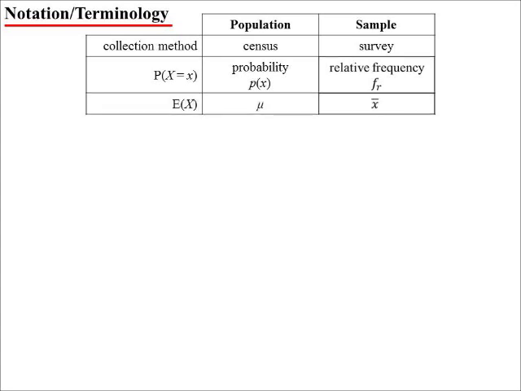For expected value, the symbol for mean for a population is mu, whereas for a sample it's x with a bar on top. Variance is sigma squared for the population, s squared for the sample. So you'll see those different notations.